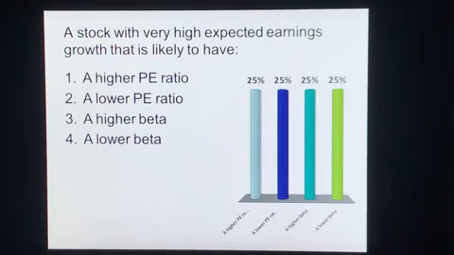It will generate a high PE ratio. Will it generate a low or high beta? I will leave this question for you as a home activity. You can just search out what will be true when a stock with high expected earnings growth is likely to have.